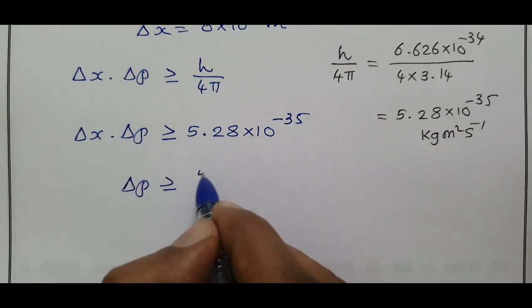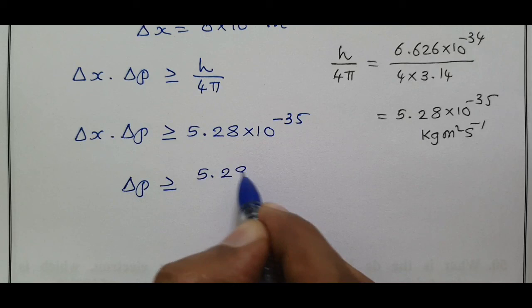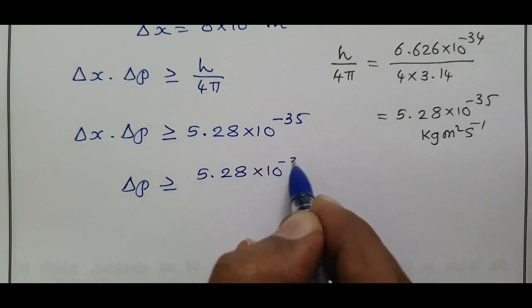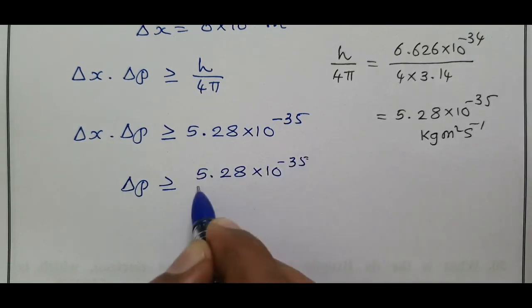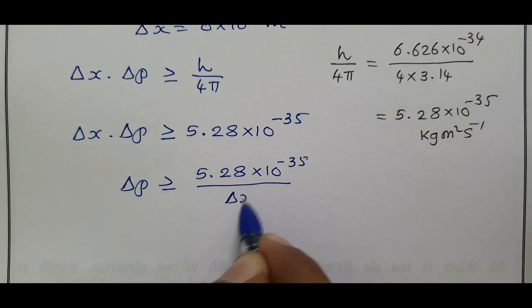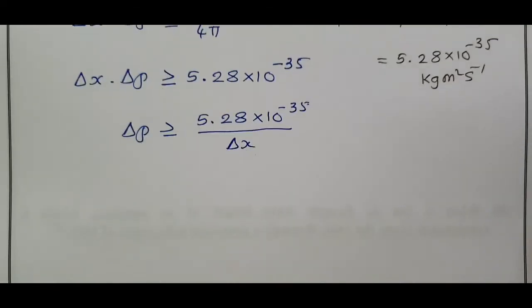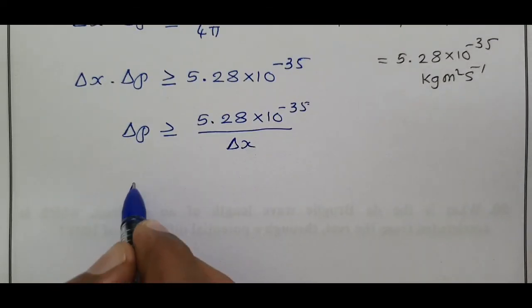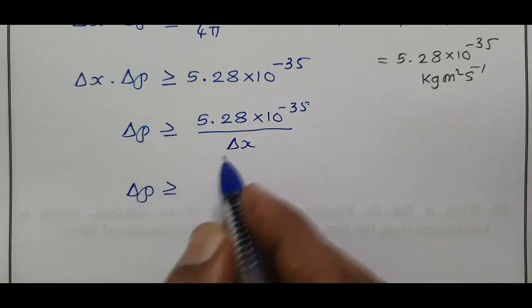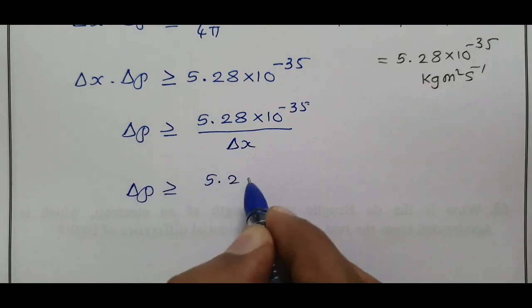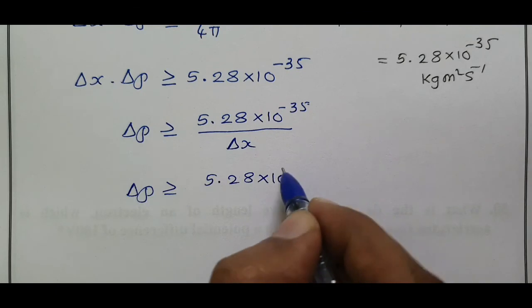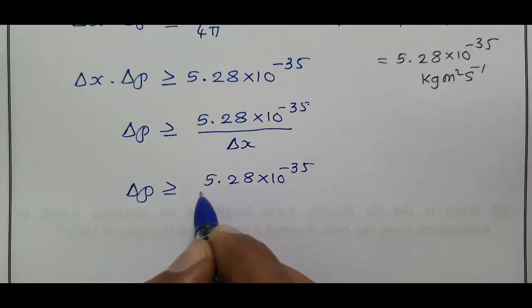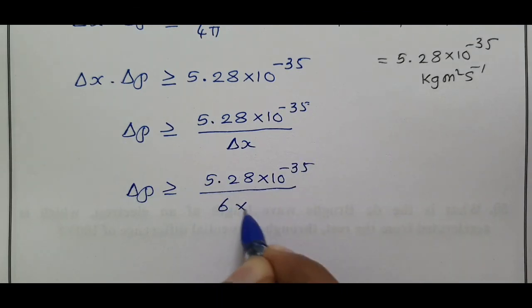Bring the delta x to the right hand side: delta p greater than or equal to 5.28 into 10 power minus 35 divided by delta x. Substitute the value of delta x: 5.28 into 10 power minus 35 divided by 6 into 10 power minus 11.